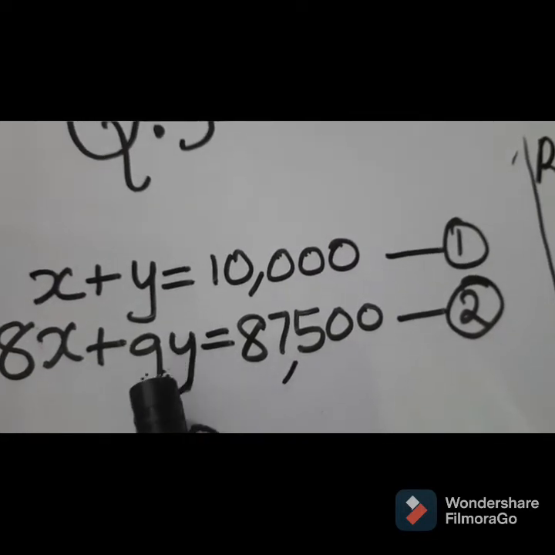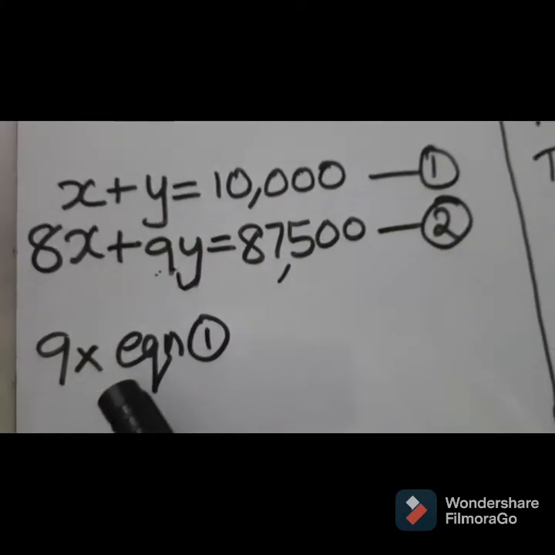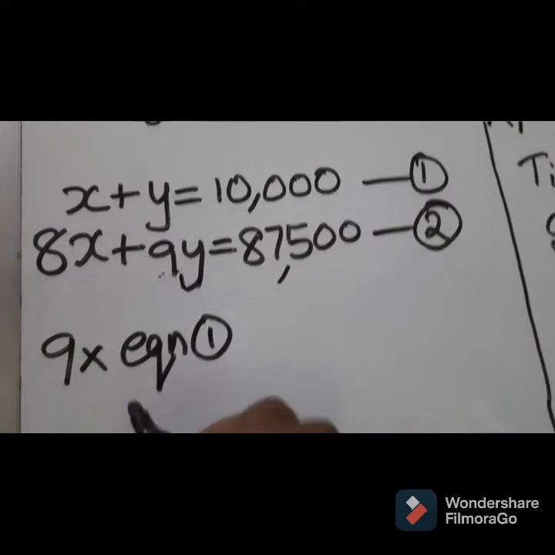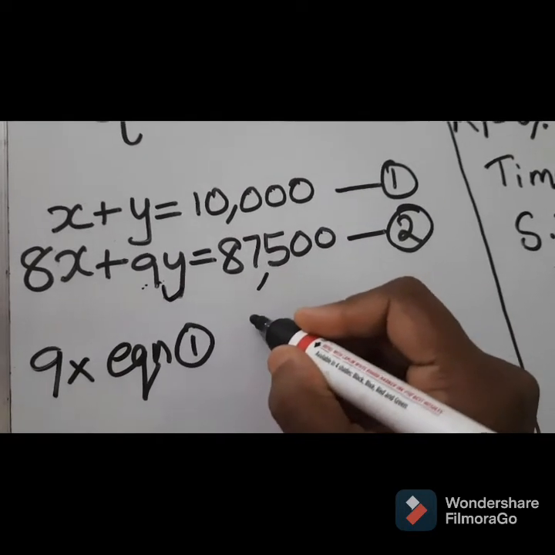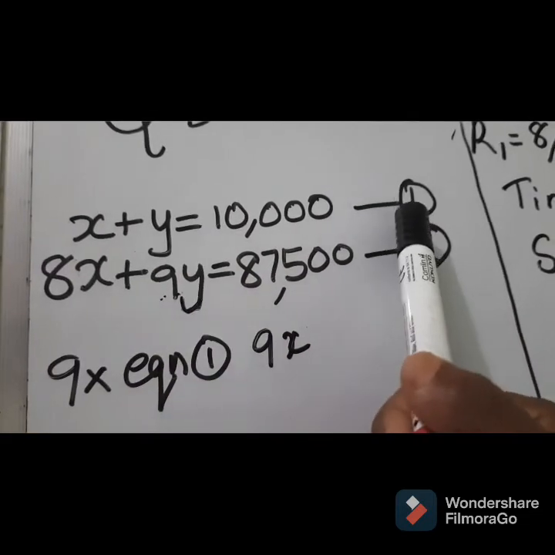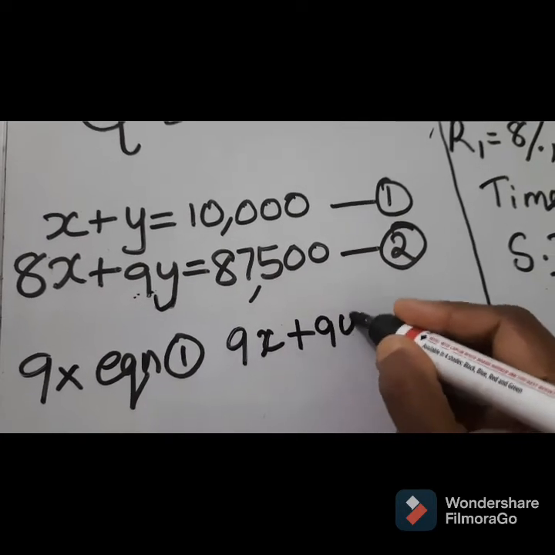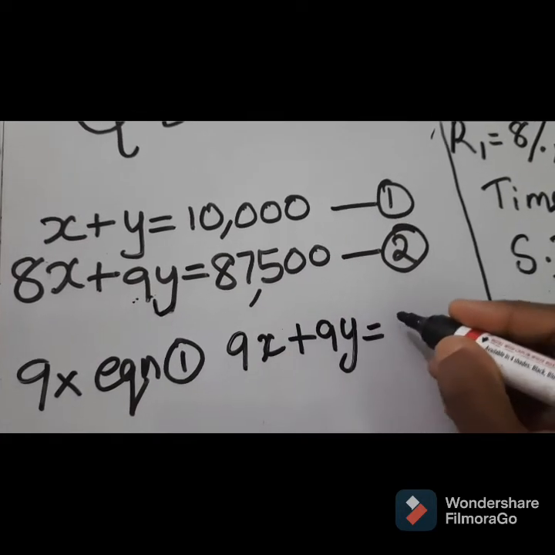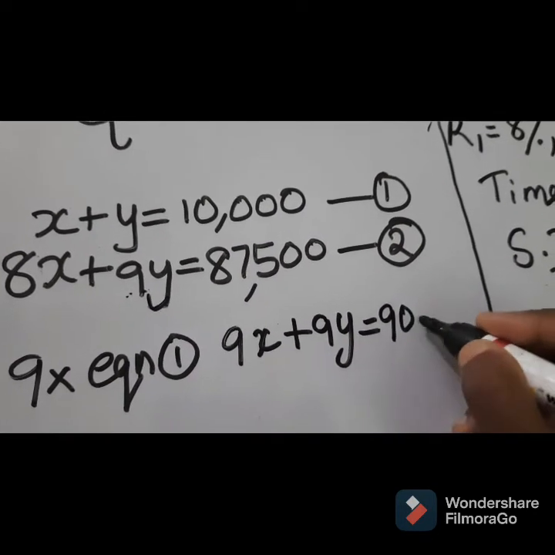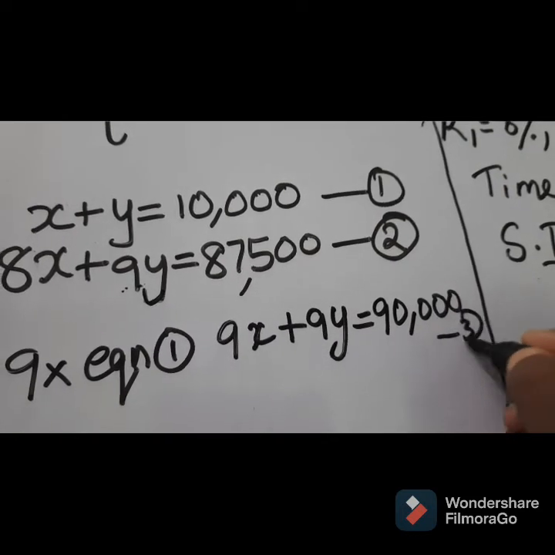So here I multiply 9 with equation 1. 9 into equation 1. So what will come? 9X, I multiply with this equation fully. 9X plus 9Y, that is equal to 10,000 into 9. What will come? 90,000. So this is equation 3.